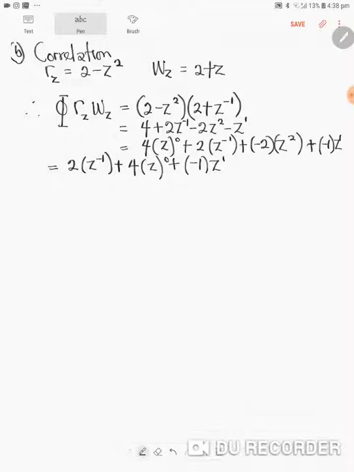And the next is 2 plus -2 Z raised to power 2. So this correlation of RZ will be equal to 2, 4, minus 1, minus 2.